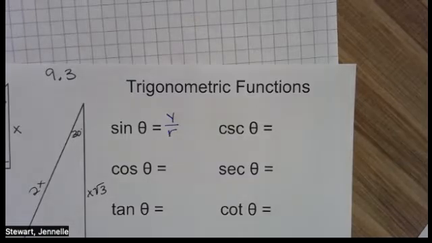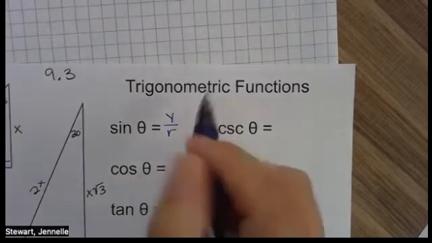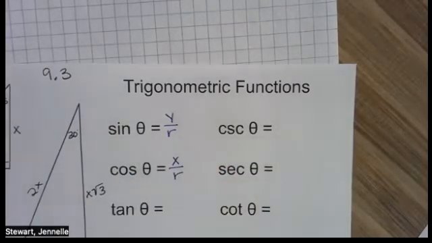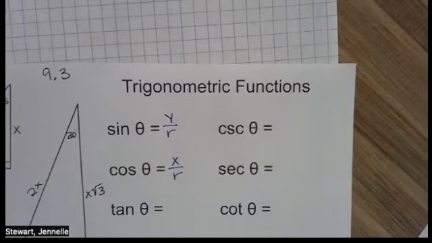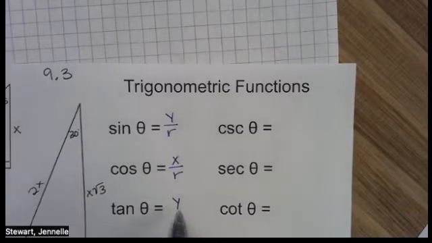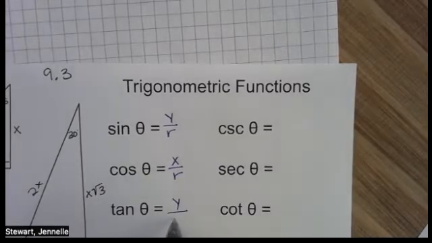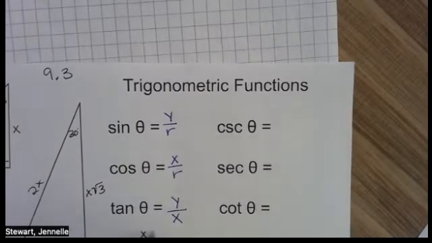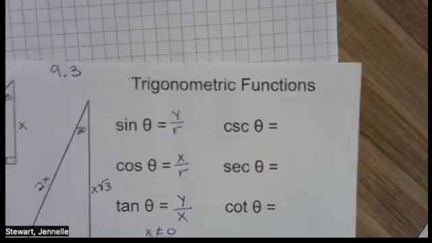Cosine is going to be adjacent. So what's adjacent to it? Which value? The x value, good, over the radius. And tangent is opposite, which is always y, over adjacent, which is going to be x. And what's important here to know is x cannot equal 0.